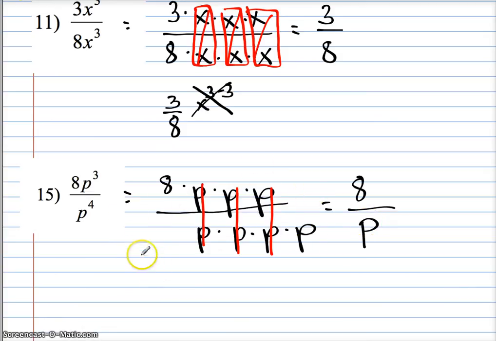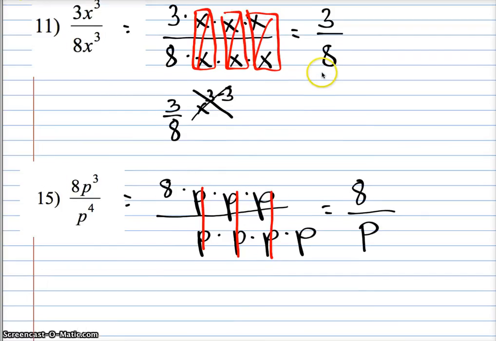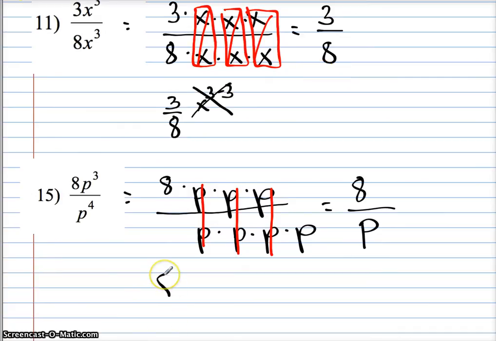Now, again, if you want to use your rules, just like I did up here, numerator minus denominator exponent, I can have 8p, because they're both the same variable, and then my numerator minus my denominator, 3 minus 4. 8p to the 3 minus 4. Okay, again, 3 minus 4 makes it a little bit of a strange number.